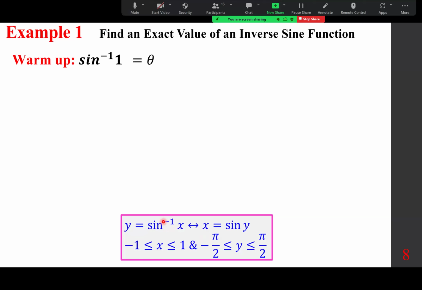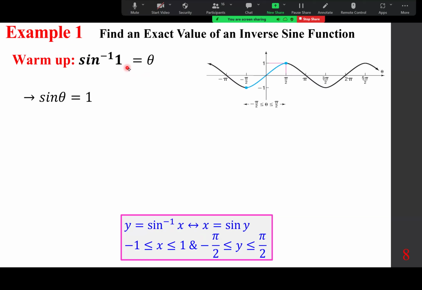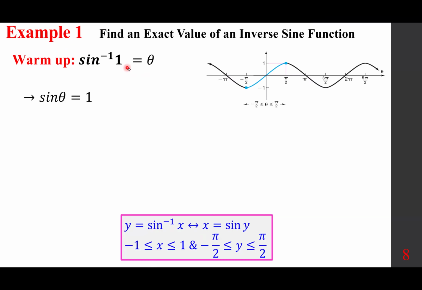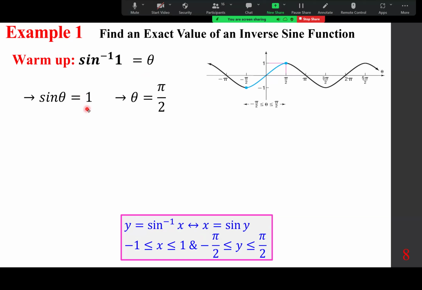Therefore, by definition, look at this very first line, sine of theta must be 1. Remember the graph? And you know sine of theta equals 1 when theta is pi over 2. So we're going back to the sine of theta. Of course, it's a common arc. We should know that.